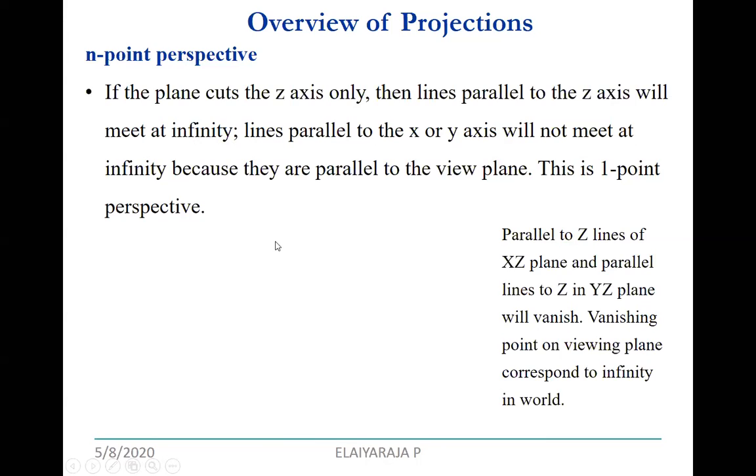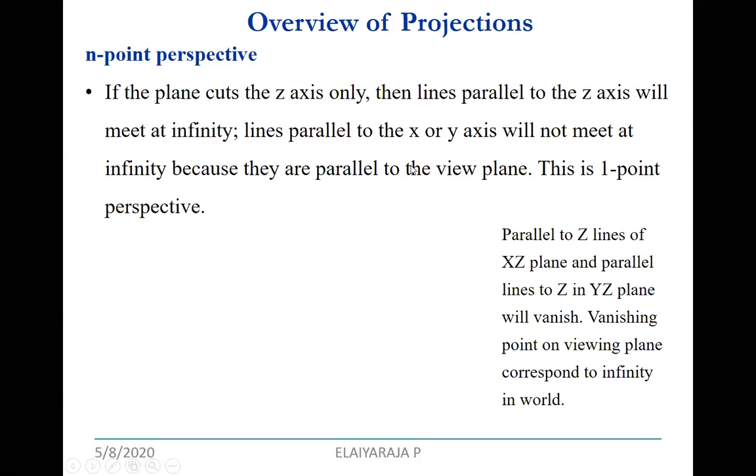If you have an x y plane and your viewpoint is along the z-axis, in that case the plane cuts the z-axis, so the lines parallel to the z-axis will meet at infinity, and lines parallel to the x or y axis will not meet at infinity because they are parallel to the view plane.